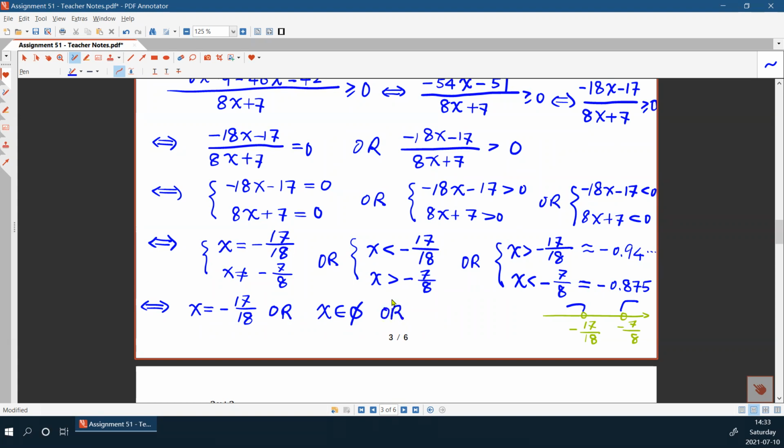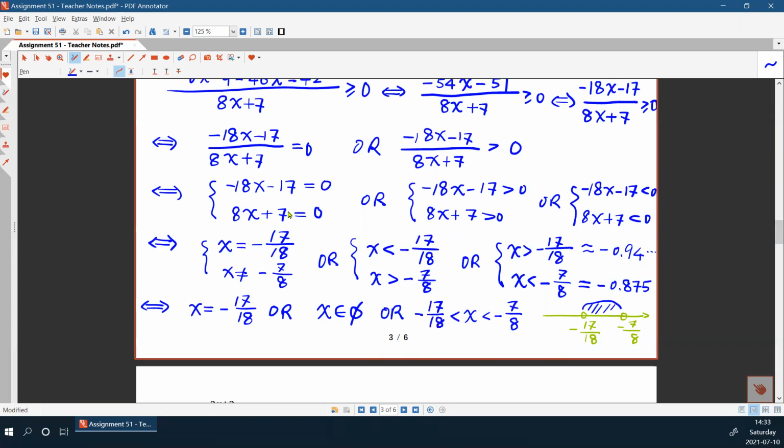Third branch says x is greater than the smaller number and smaller than the greater number. So this is, of course, the overlapped area, right?